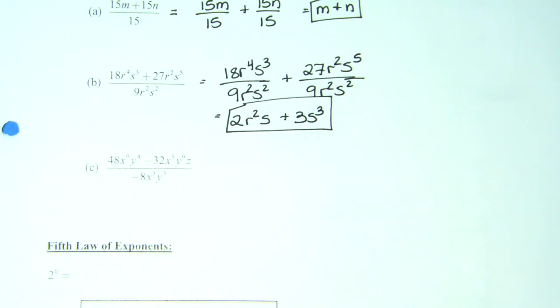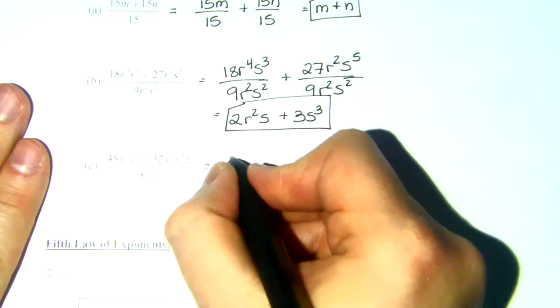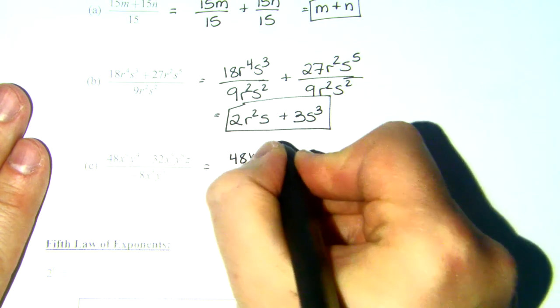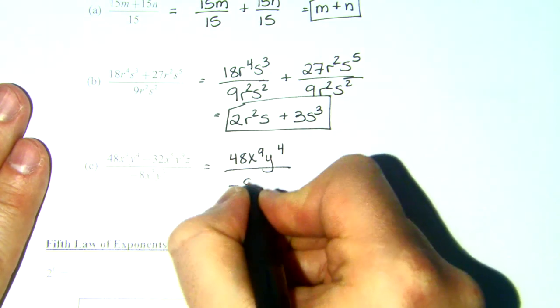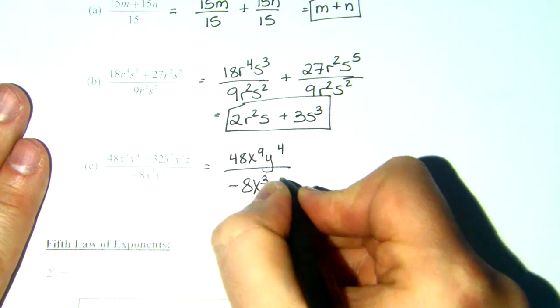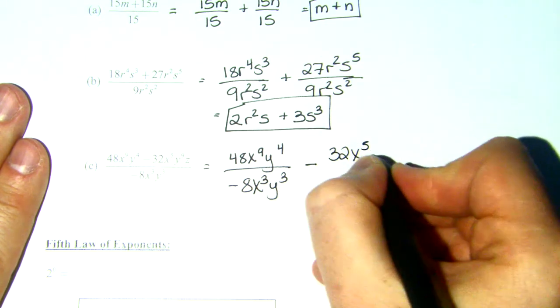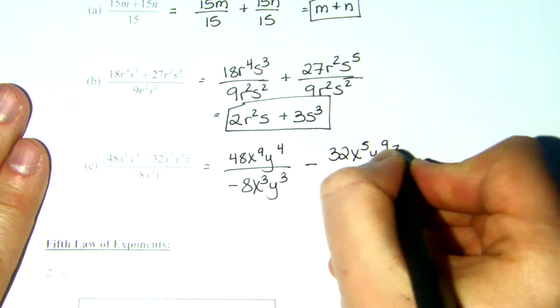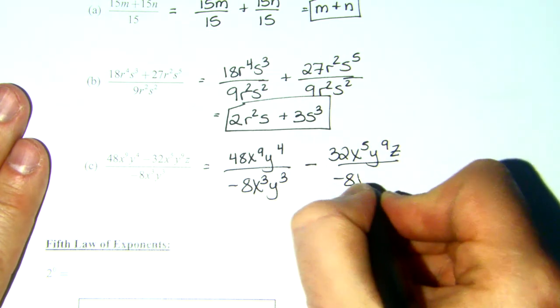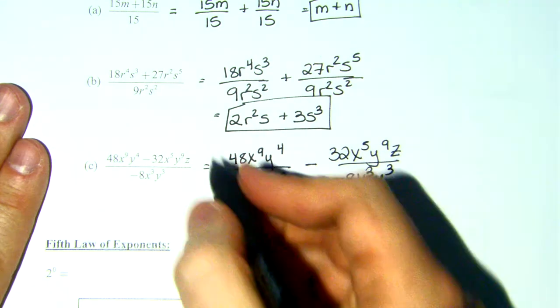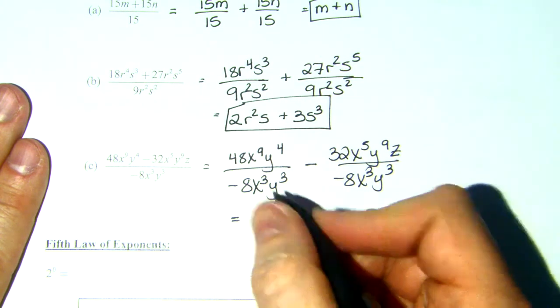Okay, one more. See if you can do letter C. So my first step is I'm going to separate my fraction. 48 over negative 8 is negative 6.